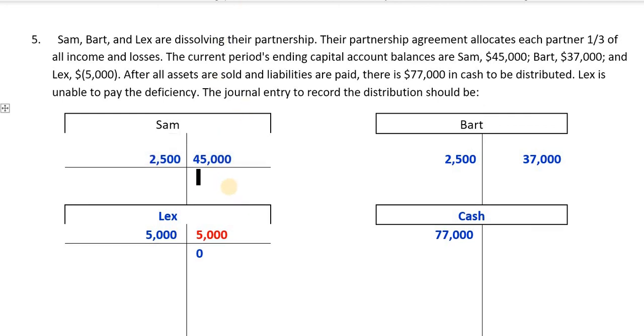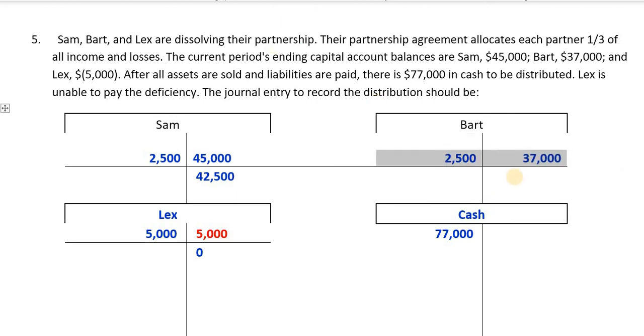Hey, what's the balance now? The balance in Sam's account is $42,500. The balance in Bart's account is $34,500. Let's call the whole thing off. We're going to debit Sam for $42,500.